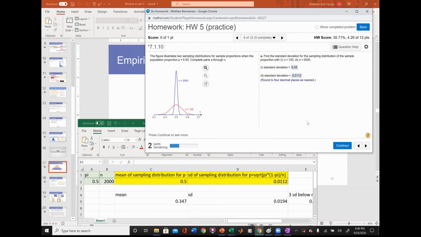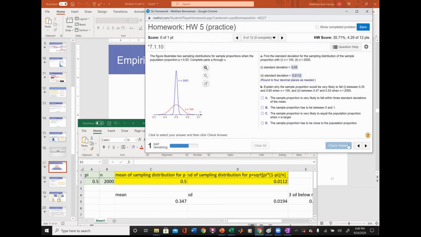Okay. Let's see. Oh, so explain why the sample proportion would be likely to fall between, and again, you're looking at this. If I look at the first one, okay, the standard deviation is 0.05. So the 3 standard deviation window is 0.15, right?